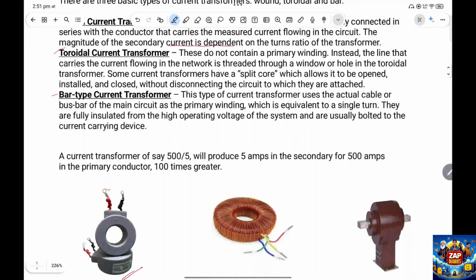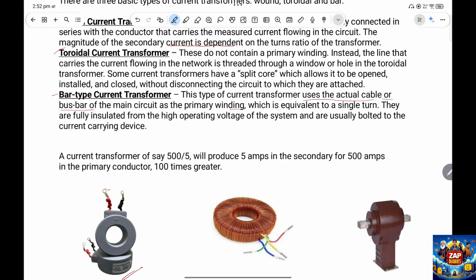So there's another type, that's the bar type current transformer. This type of current transformer uses the actual cable or the bus bar, as we call it in the substation, of the main circuit as the primary winding, which is equivalent to a single turn. Of course, one single cable is equivalent to a single turn for the primary.